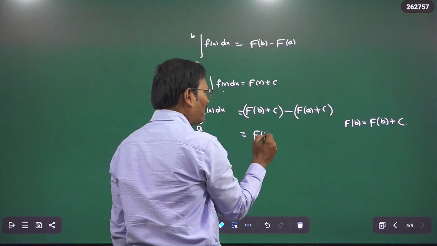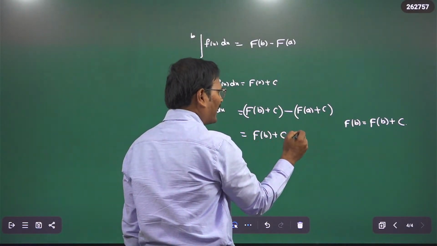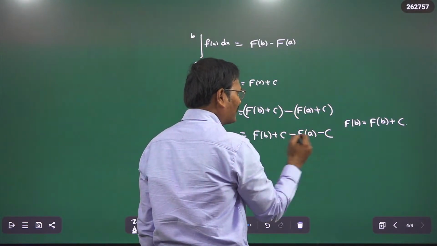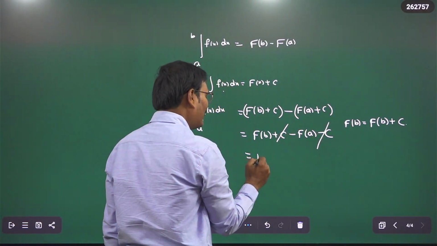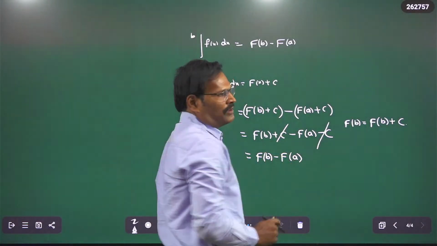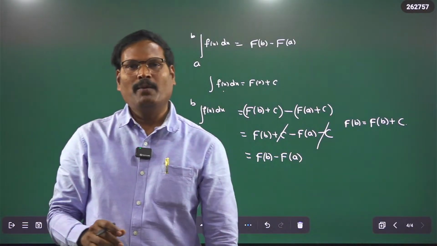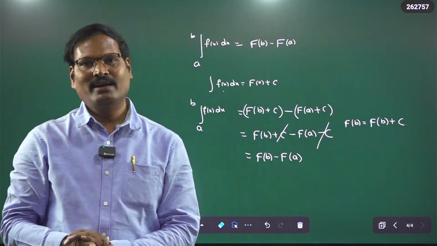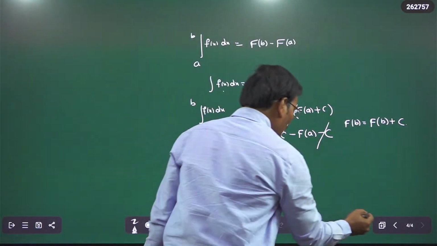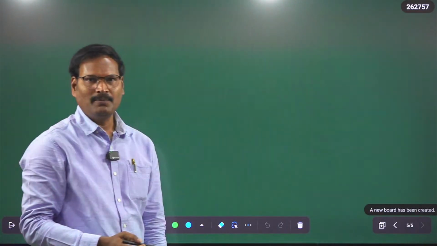So f of b plus c minus f of a plus c, minus into plus is minus, and c minus c gets cancelled. So f of b minus f of a. So that's why we forget about c in definite integrals, nothing to worry about c. Up to this, is it clear?